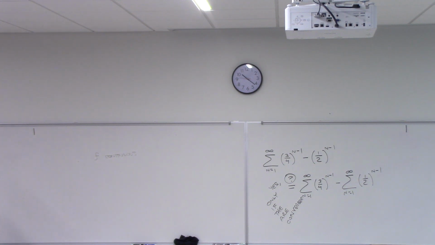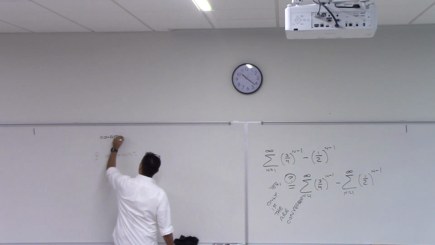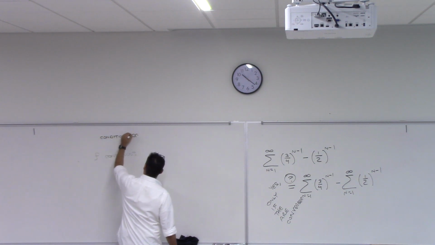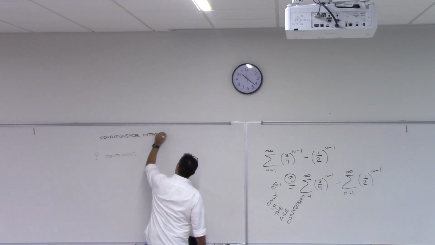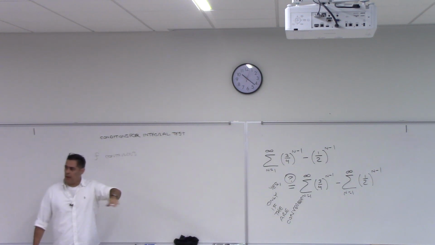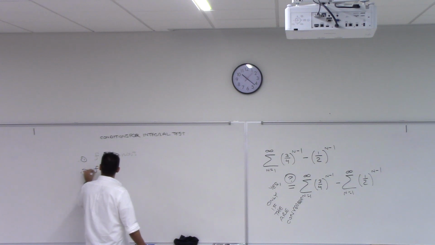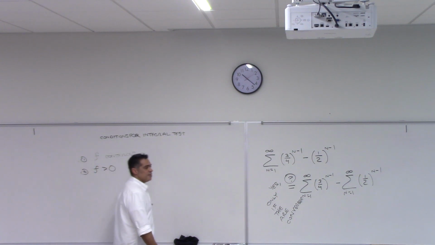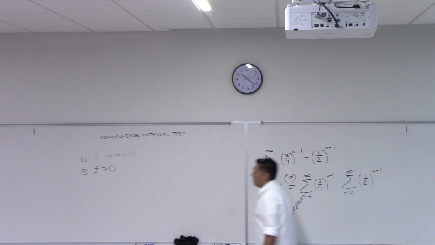Must be positive. What does positive mean? So, conditions for the integral test: your function must be continuous. You must be able to draw it without picking up your pencil. That's the first condition. Second condition, it must be positive. Positive just means it's greater than 0. That means your function never dips down below the x-axis. And then what else?